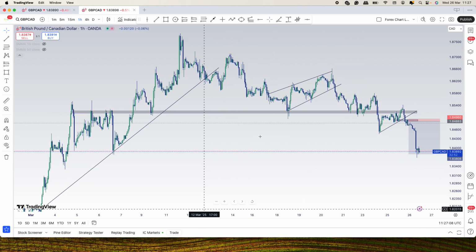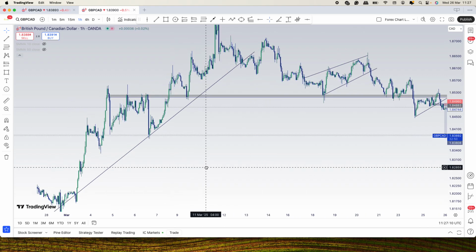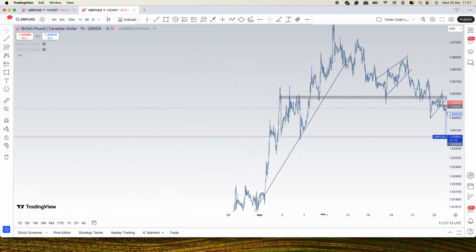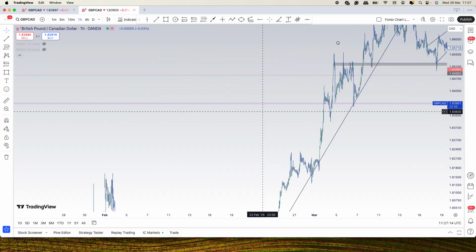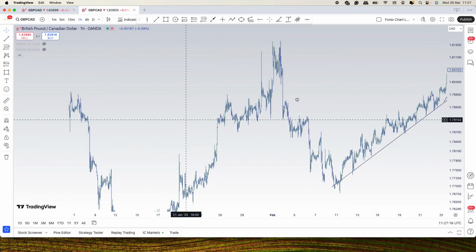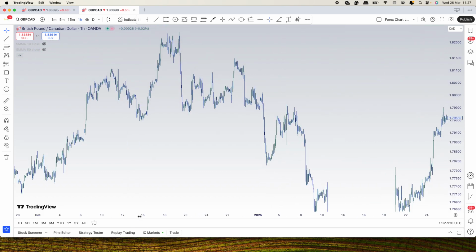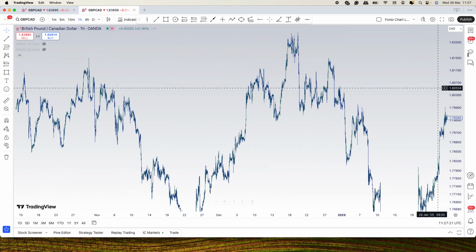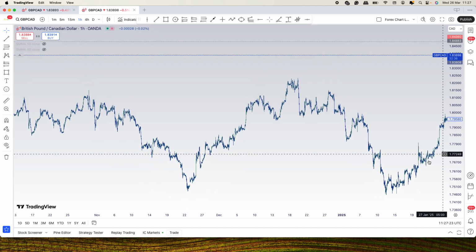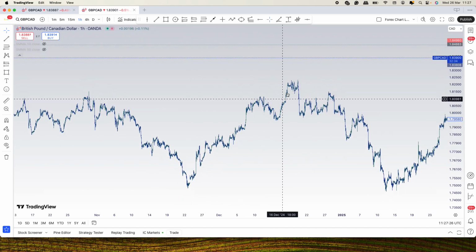Now, if we were to go back earlier, where was that lovely head and shoulders? On this head and shoulders, it's clear cut, and that level is clear cut, and we can see the price is coming up.